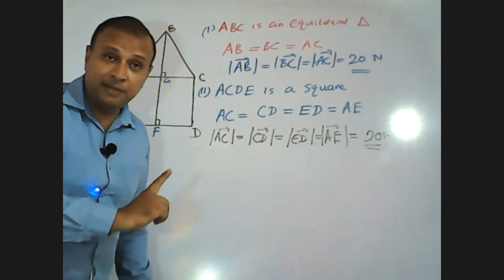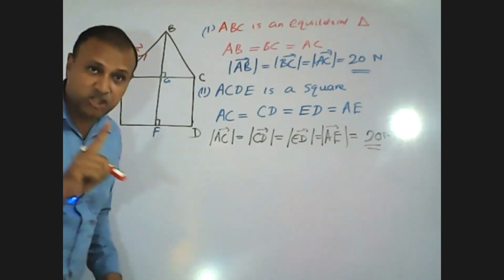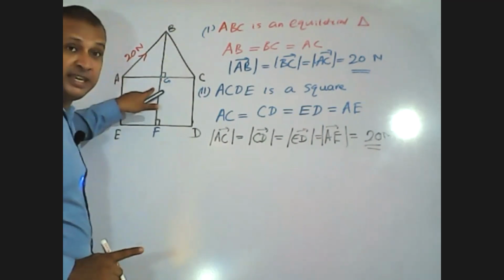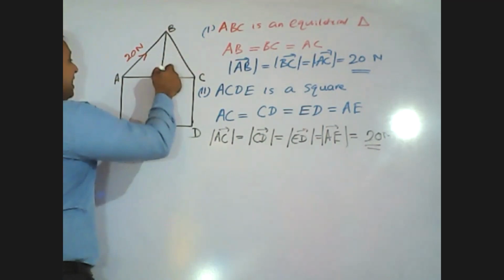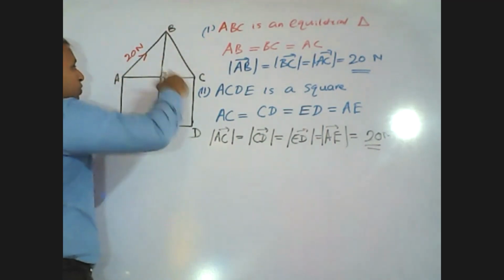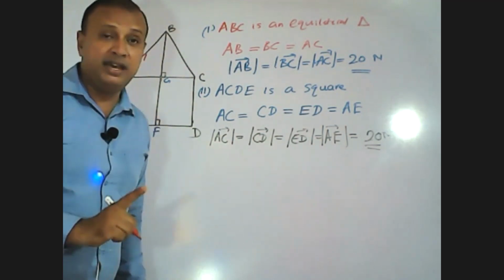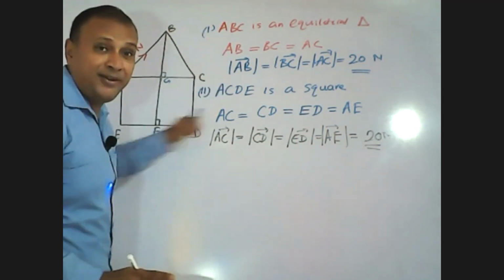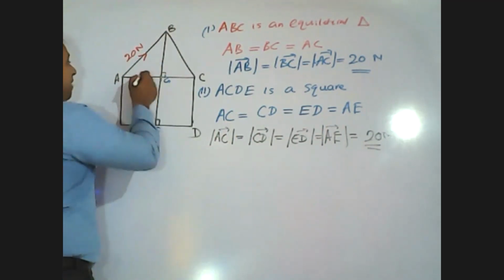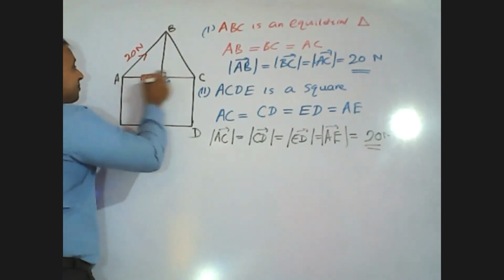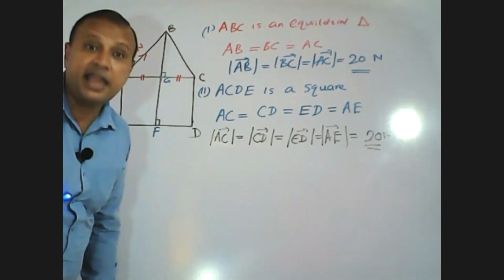In this diagram, it is very clearly mentioned that AG is perpendicular to AC. If it is a perpendicular, as this is an equilateral triangle, that perpendicular should be a bisector of this side.